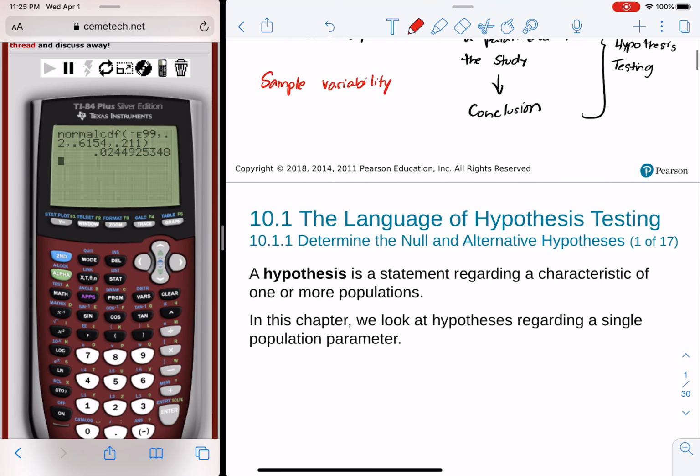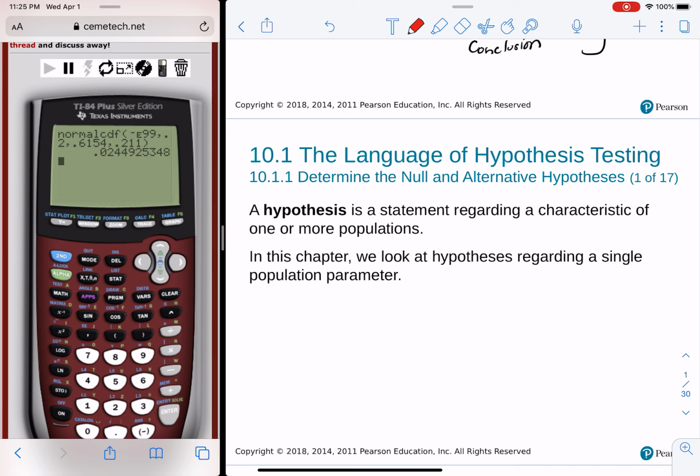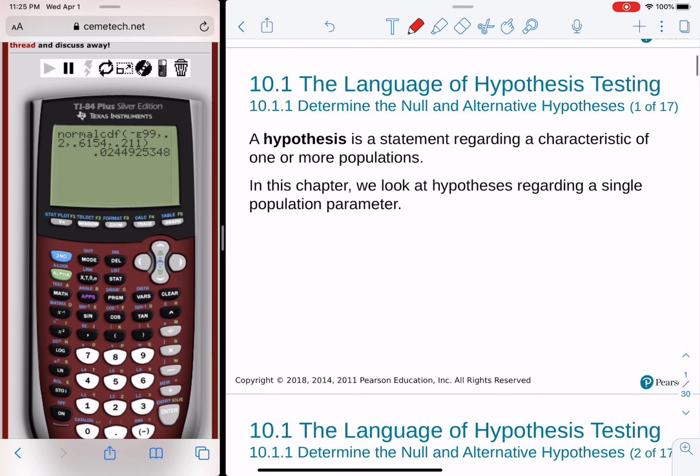So what is a hypothesis? A hypothesis is merely a statement regarding a population. And we don't make any arbitrary statement, we rather make a hypothesis about a parameter.